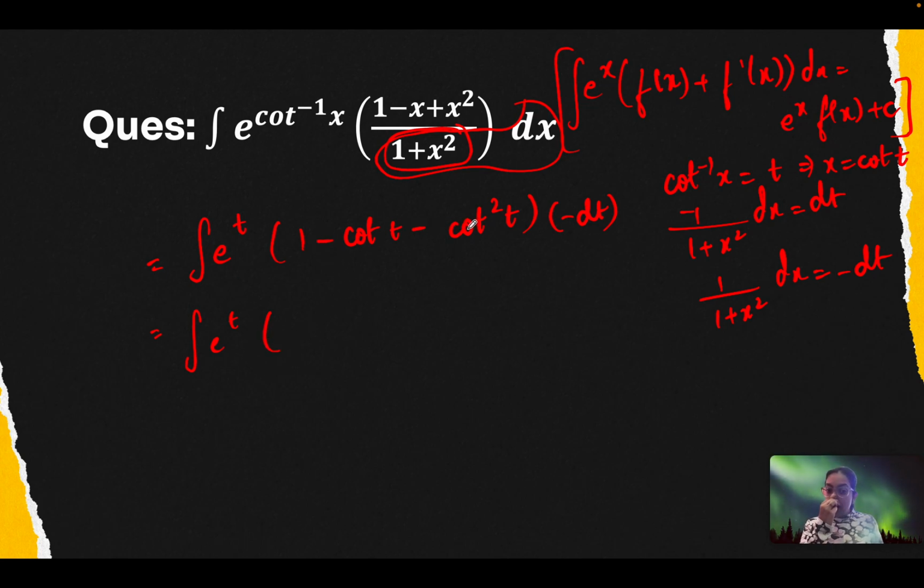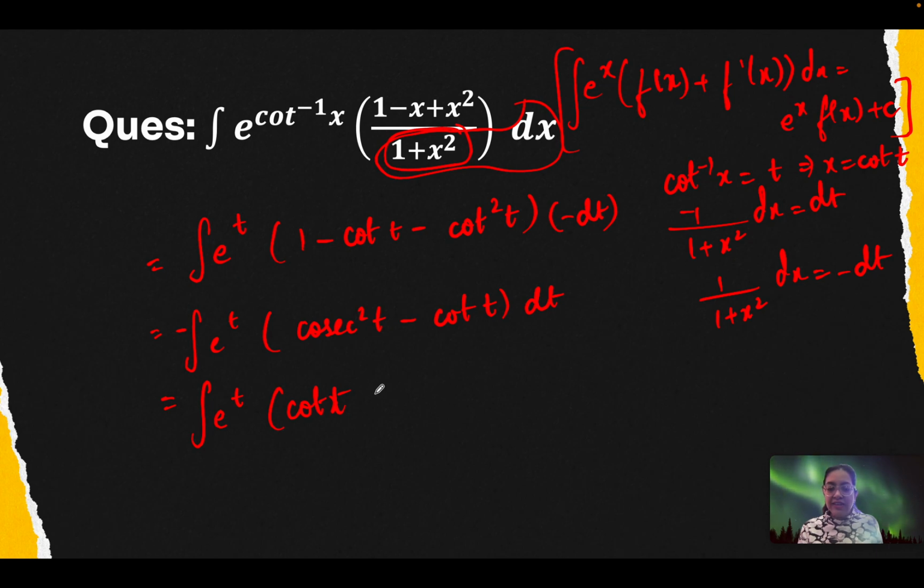Now beta, what is 1 minus cot square t? That is your cosecant square t, correct? So you can just write over here cosecant square t minus cot t, minus dt. Just take this minus sign inside the bracket, so you will observe that you will get something like this, cot t minus cosecant square t dt.